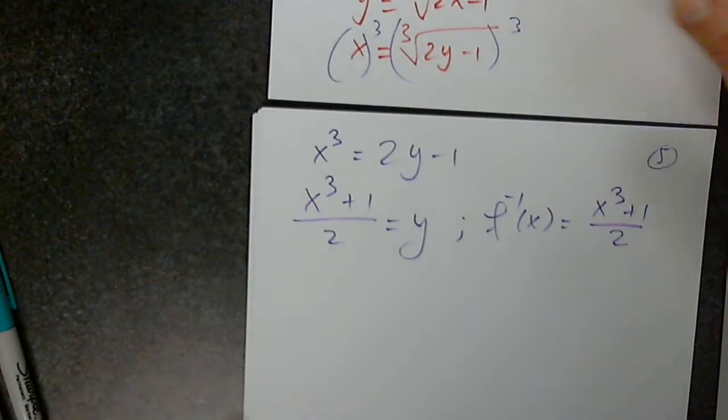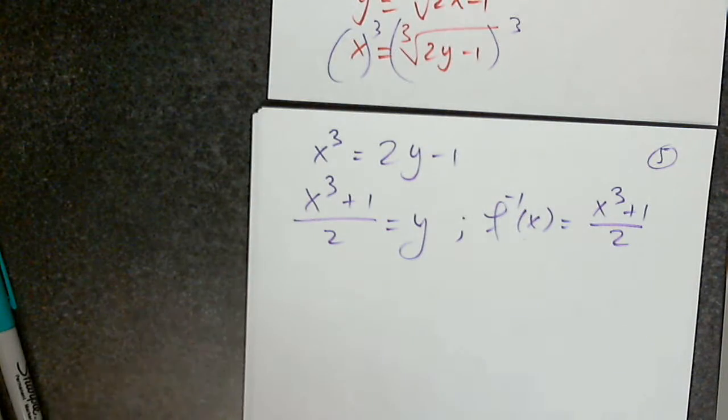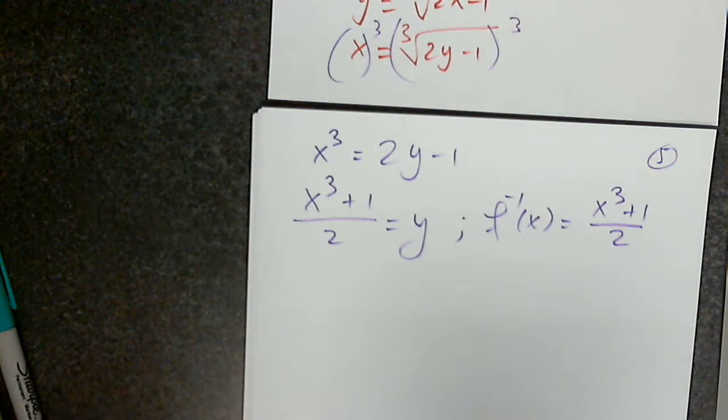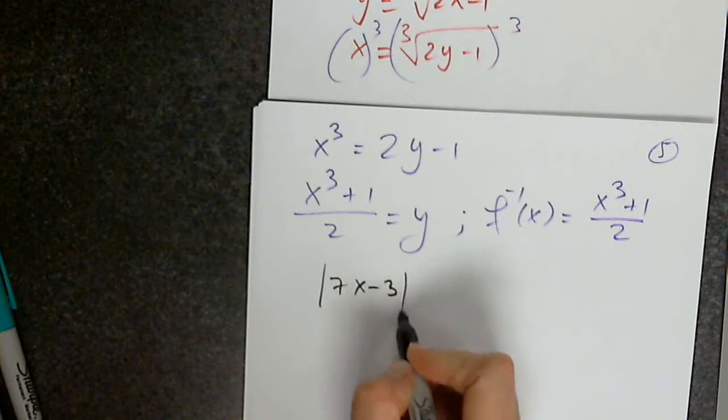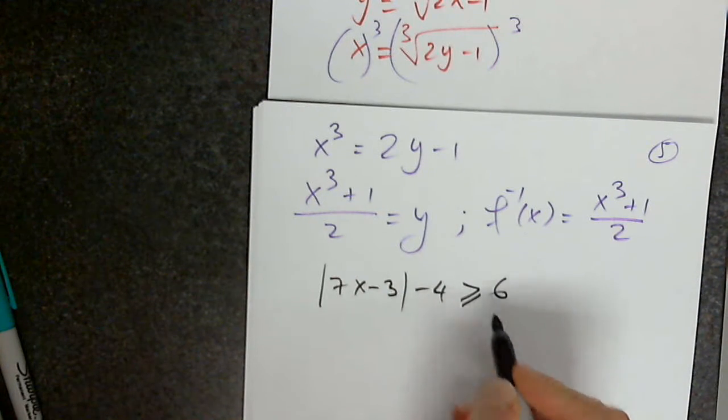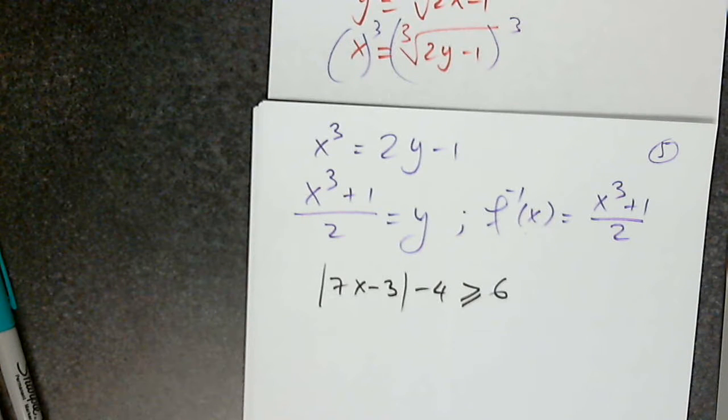Let's look at absolute value inequalities. Let's solve, let's say, the absolute value of 7x minus 3, minus 4, greater than or equal to 6. How do I solve this?